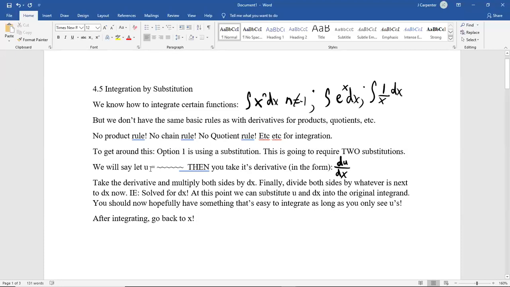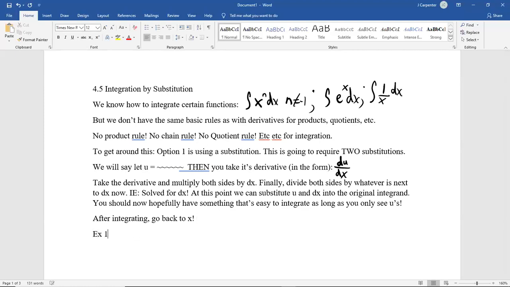Then you'd say, let y equal blah, blah, blah, and its derivative would be dy over dx. And then you'd only see y's when you go to integrate. The reason we like the letter u is the word substitution. Well, the second letter is u. We don't like the letter s because it looks like 5. Excuse me.